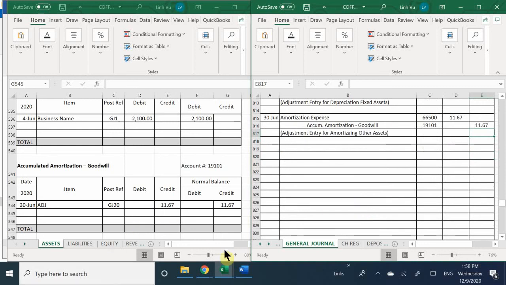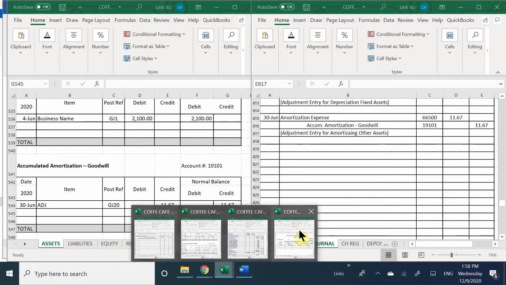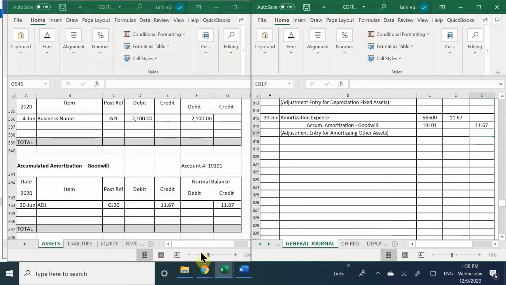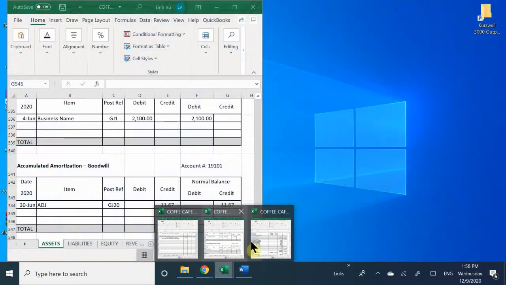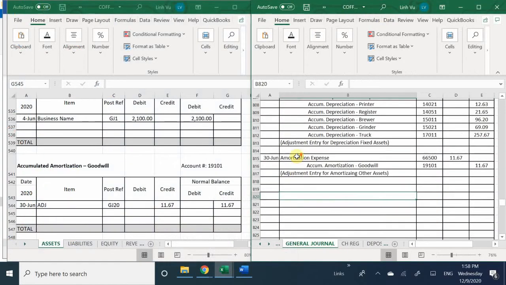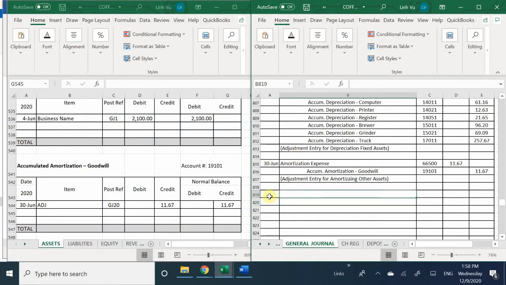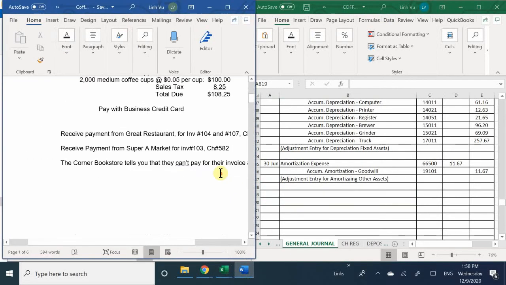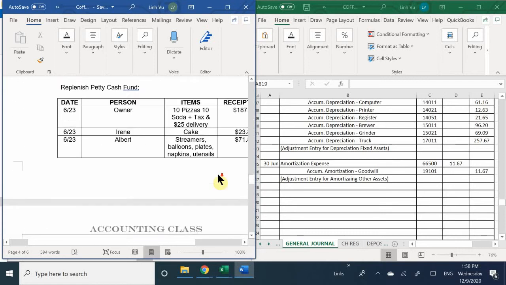Yes, ma'am. All right. Now that we completed our depreciation tables, you can close this window. Make sure you save your changes if you made any. So now I'm down to just my journal, my ledger, and my financial forms. I am completely done with my depreciation. Let's see what happened next in my adjustments.